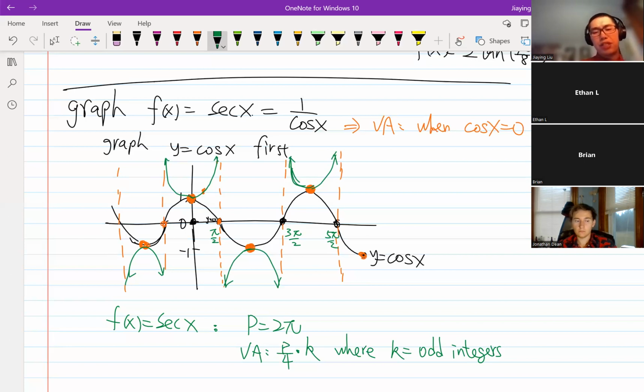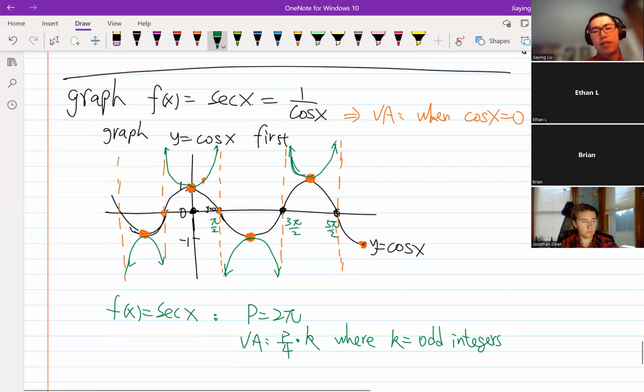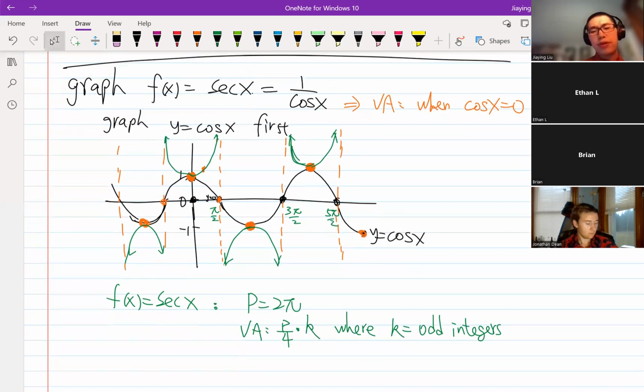So in this particular example, if we take the period 2 pi divided by 4, we get pi over 2. And it's going to be odd multiples of pi over 2: pi over 2 times 1, pi over 2 times 3, pi over 2 times 5, and so on. So the vertical asymptotes happen at the period over 4 times k.